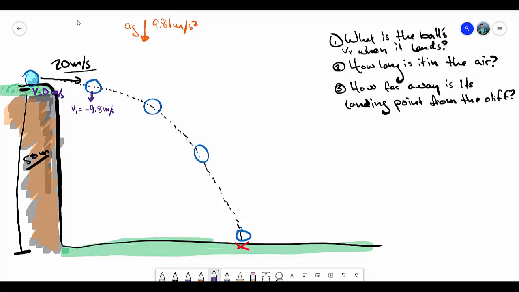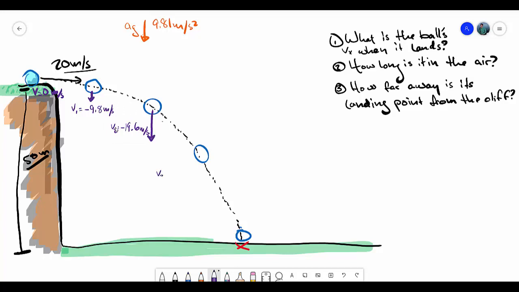If you look at velocity y at second number 2, it should be about negative 19.6 meters per second, and the arrow becomes a little more downwards.